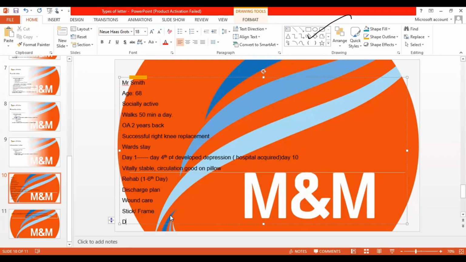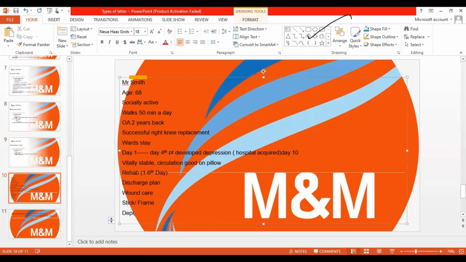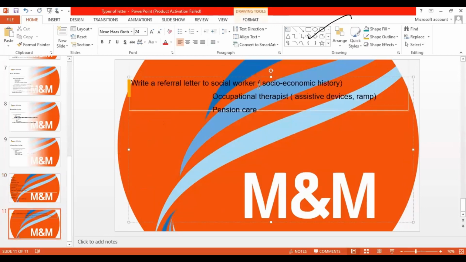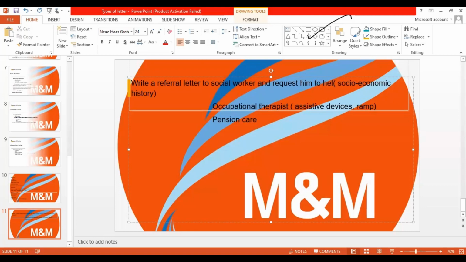And we can also write down he's depressed at the time of discharge. So the patient is also depressed at the time of discharge. Now, what we are doing, we are writing this letter to a social worker, let's say, and requesting him to help.